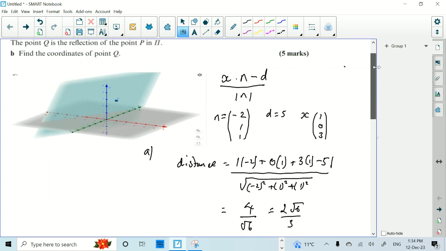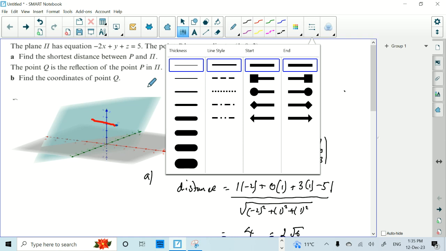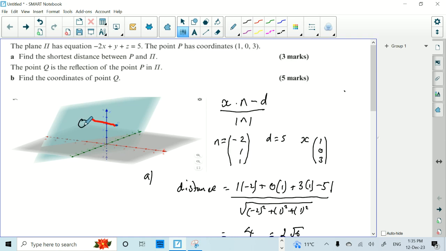Now, if the point Q is a reflection of the point P in the plane, then the point Q is going to be somewhere equidistant on the other side. And here we go. Here's our point Q. That's a reflection, probably not accurately drawn, but that's the idea.